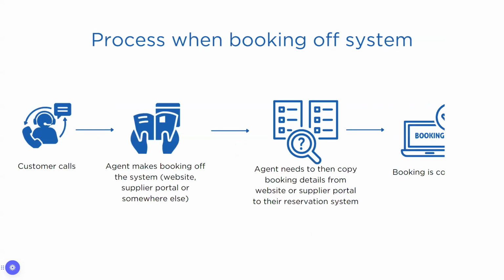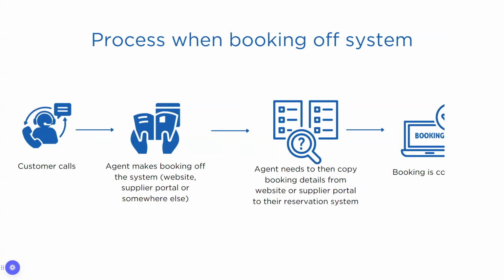Normally when the agent is making a booking off system, this is usually on a supplier portal or somewhere else where the agent or operator needs to get special pricing for certain quotations for a client. The agent typically would have to copy and paste a lot of that information from a supplier portal or a website.